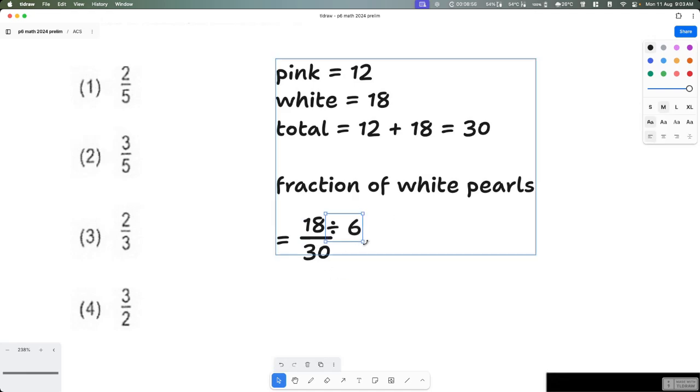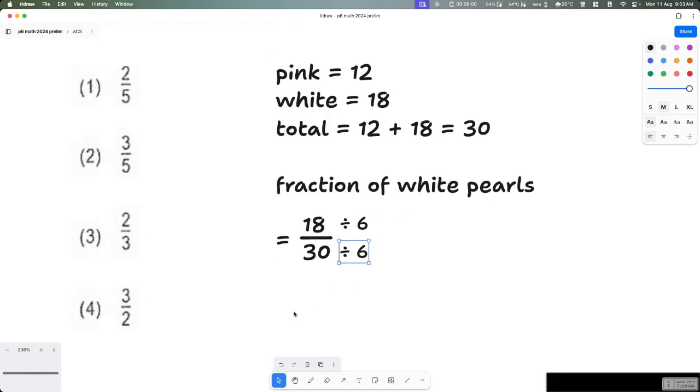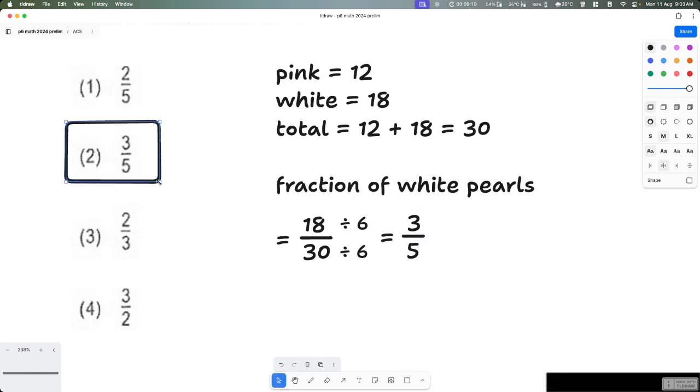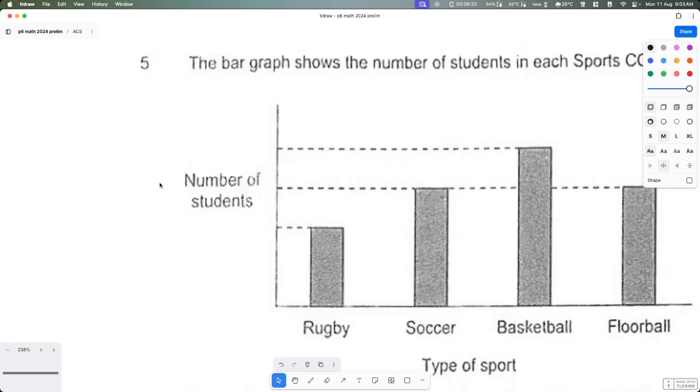So we divide both the numerator and the denominator by 6. 18 divided by 6 gives us 3, and 30 divided by 6 is 5. So the answer is 3 out of 5, which is option number 2. Okay, let's move on to the next question.